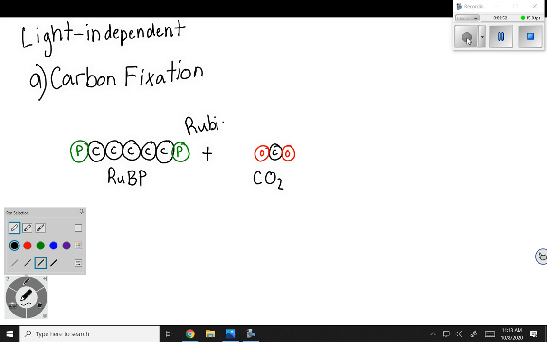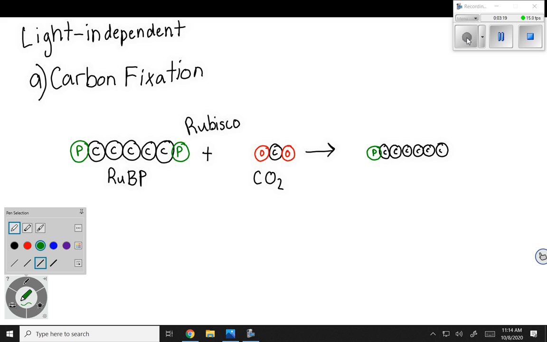That is an abbreviation for a longer name that does end in ACE, just so you know. And then when you combine RuBP, which has 5 carbons, and carbon dioxide, which has 1 carbon, you get a 6-carbon molecule. 1, 2, 3, 4, 5, 6. And it still has the 2 phosphates on the end of it.